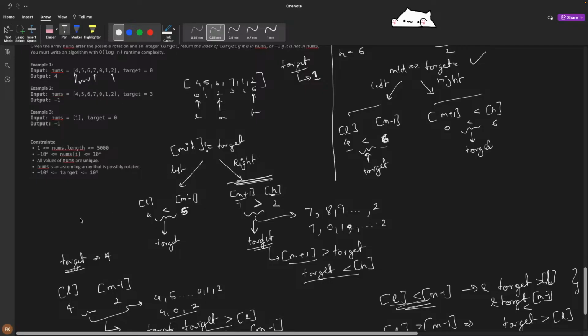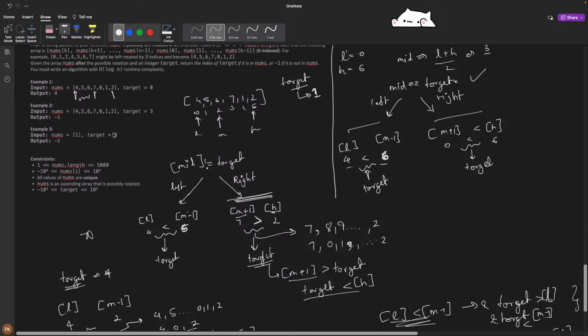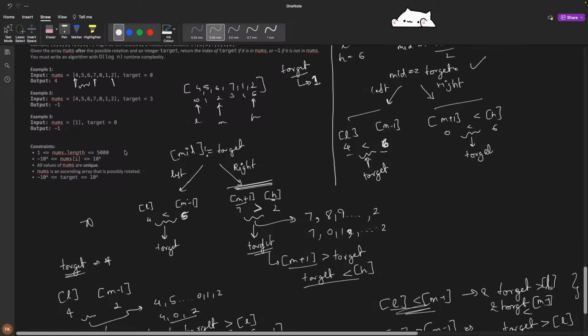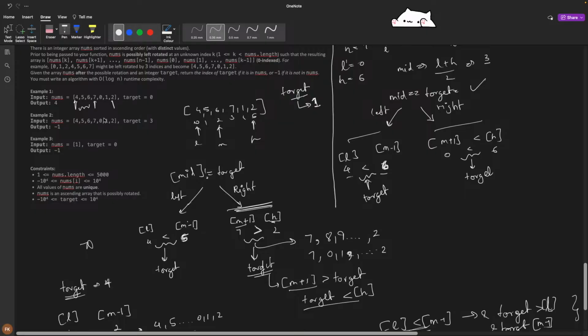Target does not fall between any of these things anyhow. There is an inversion here. Inversion between the high and mid, right?